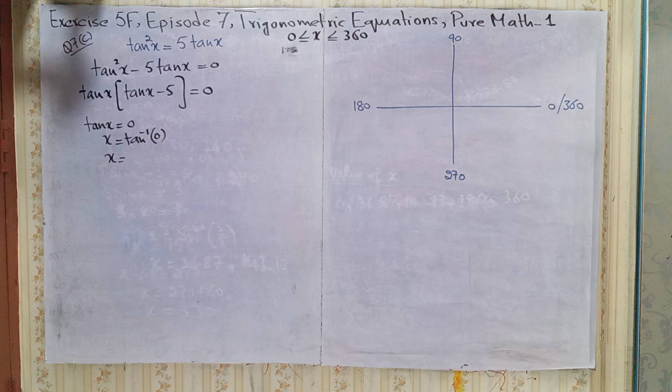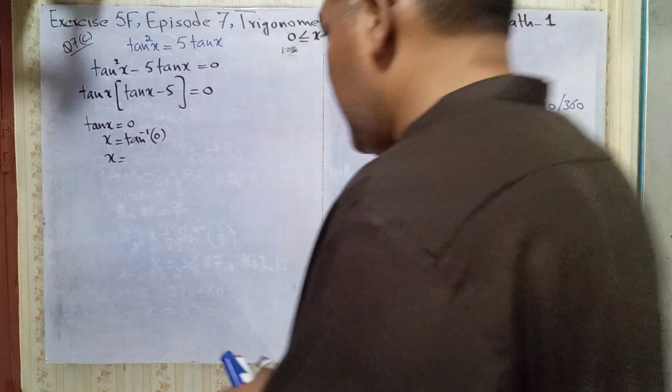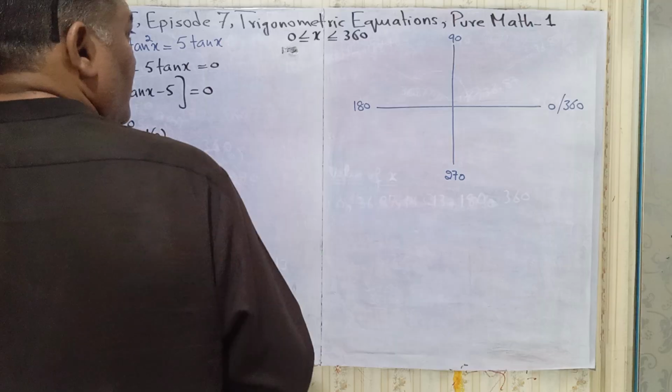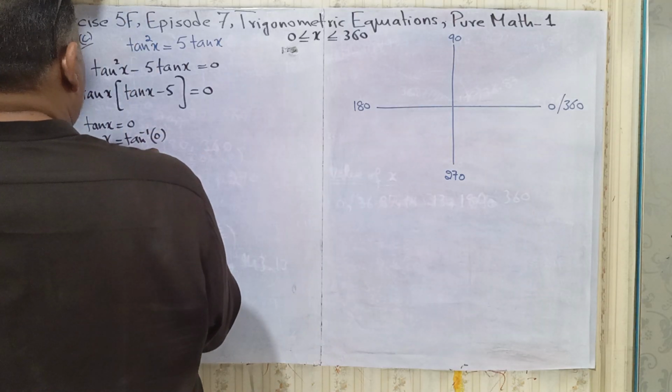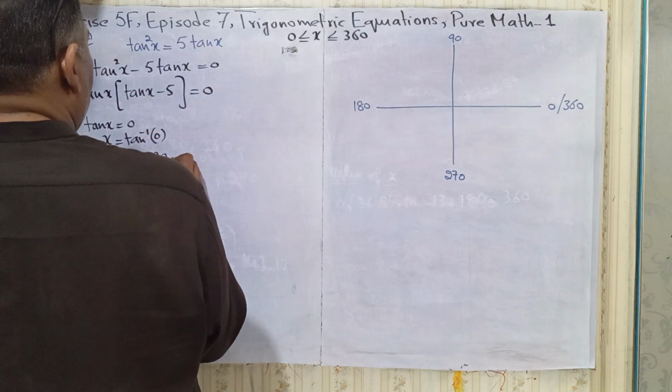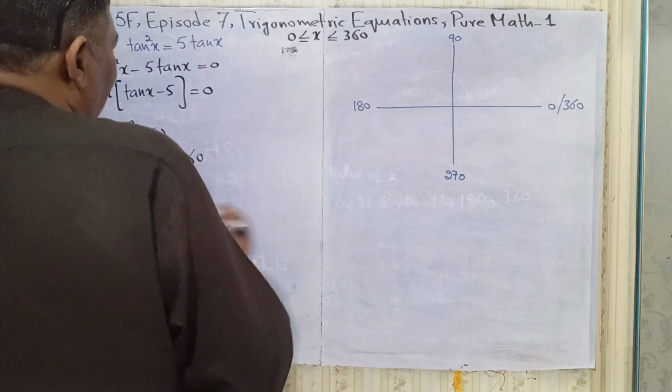So the tan is 0 at 0, so it will also be 0 at 180, and it will also be 0 at 360. So its answers are 0, 180, and 360.